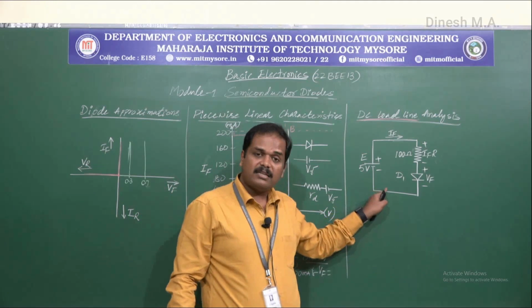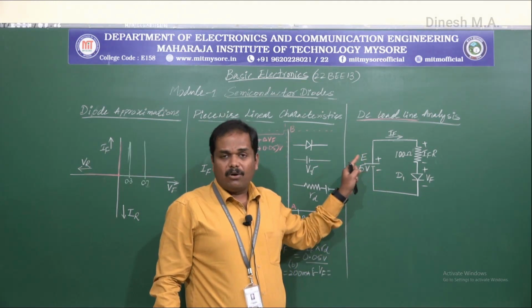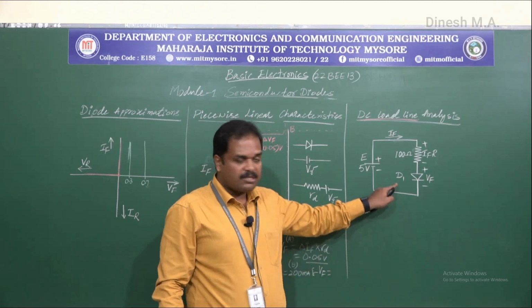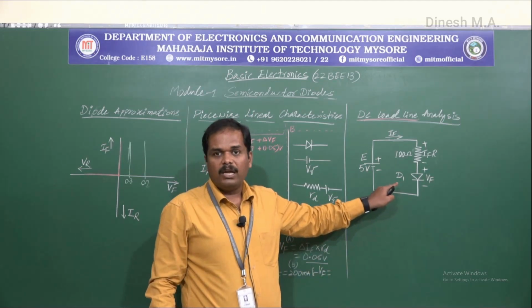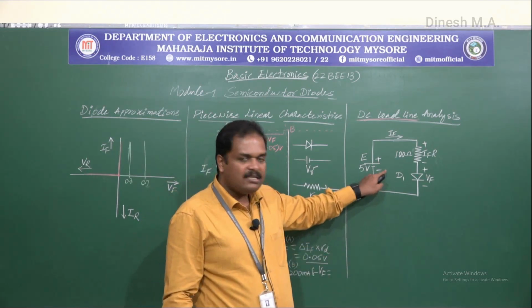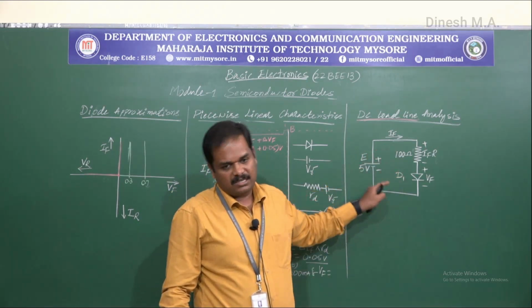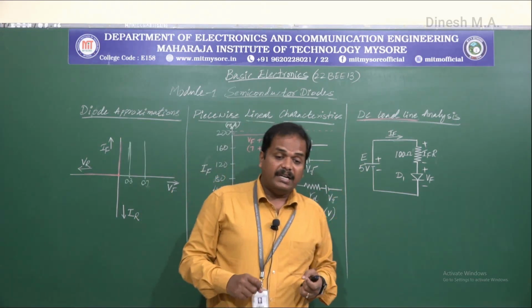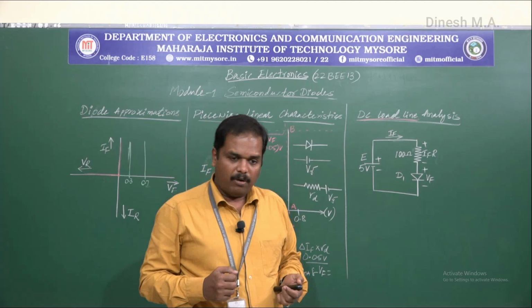Repeat this. If I consider this circuit, this DC load line is a straight line drawn on the forward characteristics of this diode that illustrates all the DC conditions that exist within this circuit, right? So this is what a DC load line is all about.